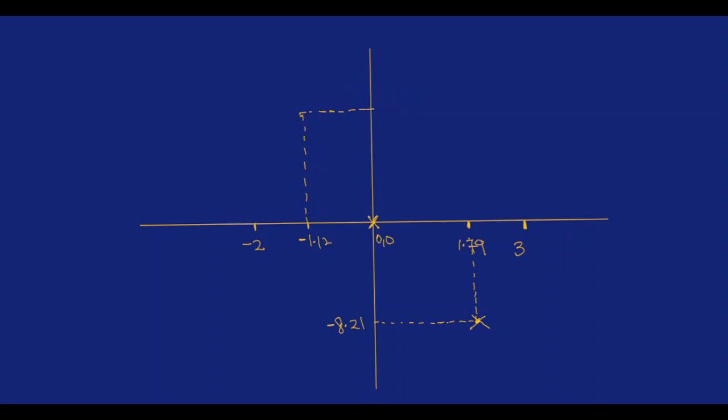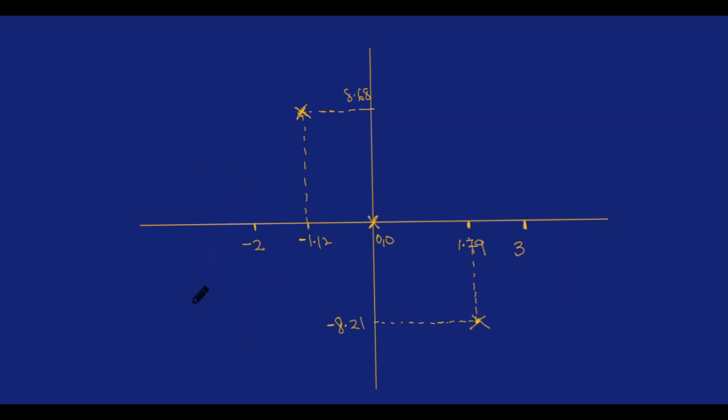So this is 8.68, and we have negative 1.12. So we've set up the turning points on the function, and we've also established the intercepts on the function. So I think we have everything that we need to solve it.